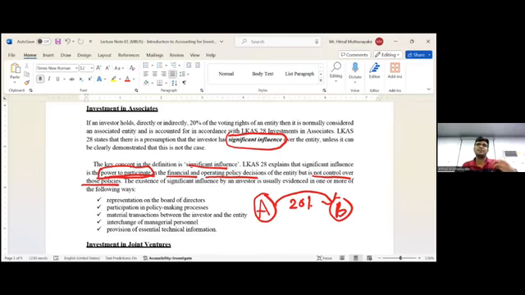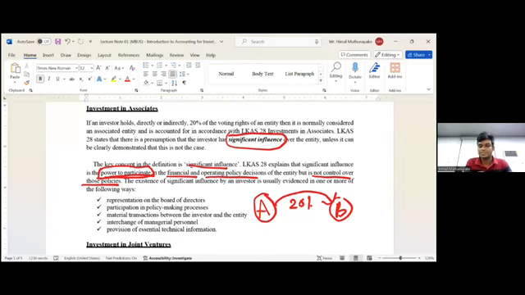I can say, do these things, but I can't control, right? The company can suggest making such financial decisions, but I can't control them because that is my associate company. These are the ways that provide some evidence of significant influence.